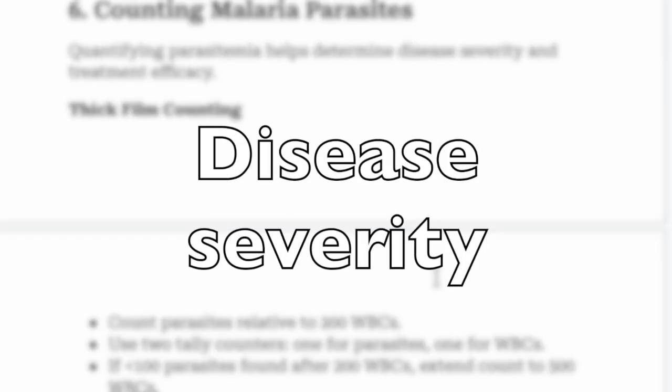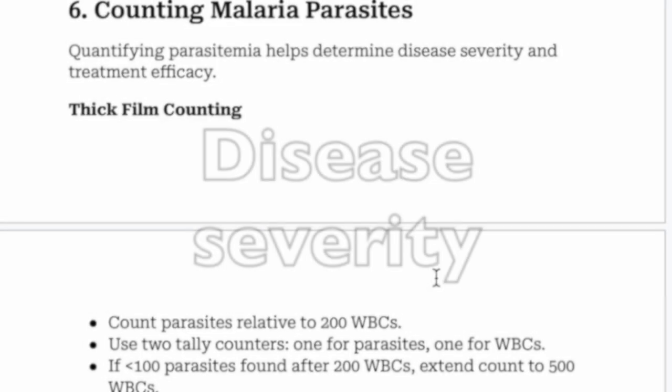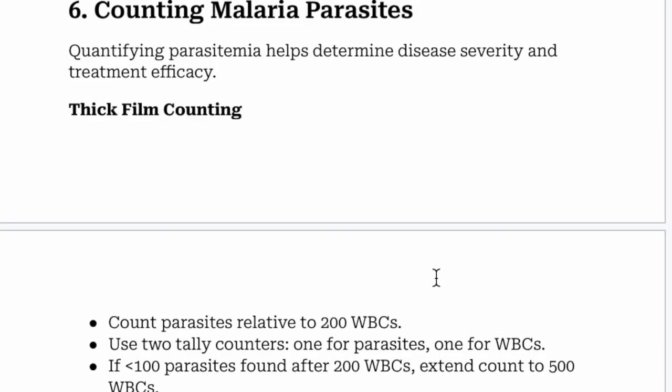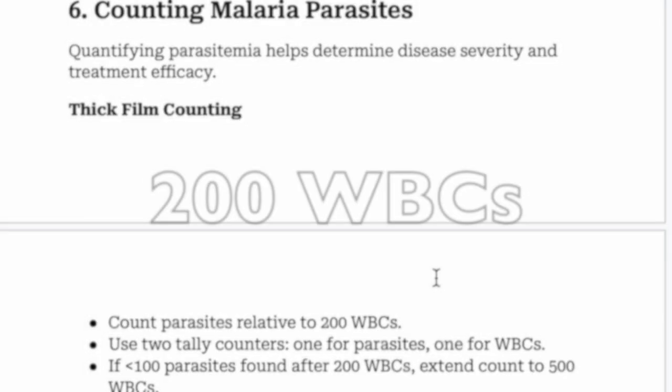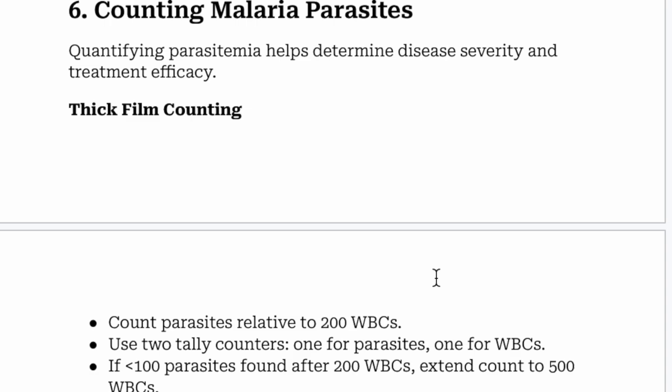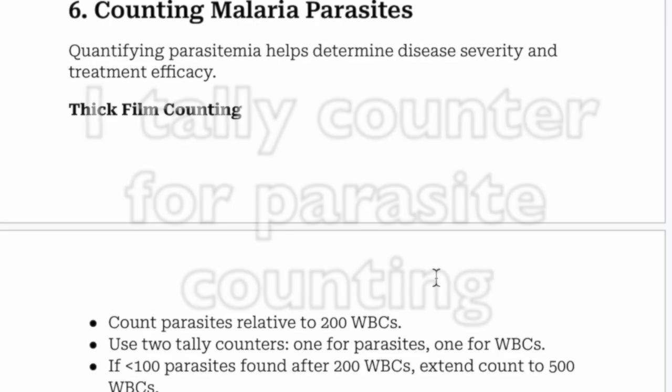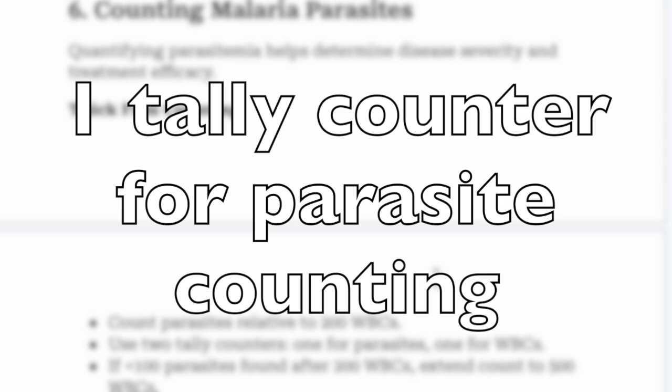So quantifying parasitemia helps determine disease severity and treatment efficacy. For your thick film counting, you want to count parasites relative to 200 white blood cells. And again, the white blood cells, because you would have burst the red blood cells. So you use two tally counters, one for the parasite and one for your white blood cells.